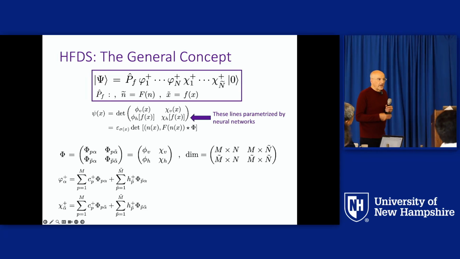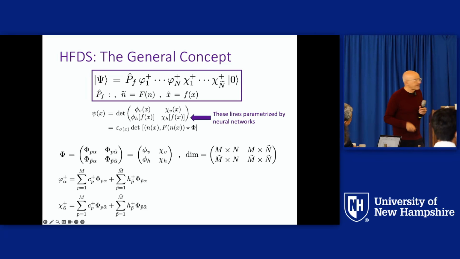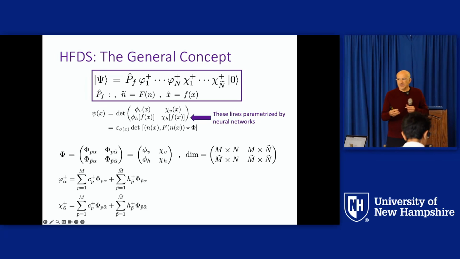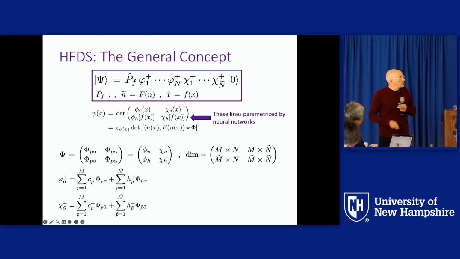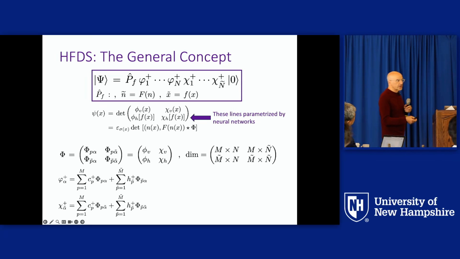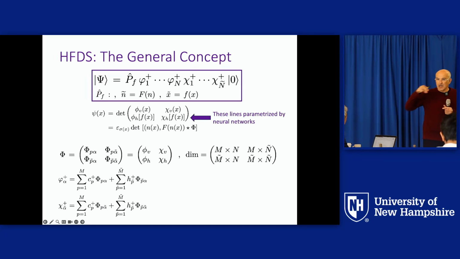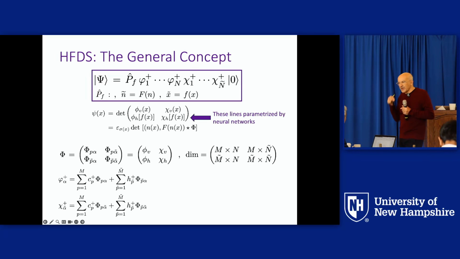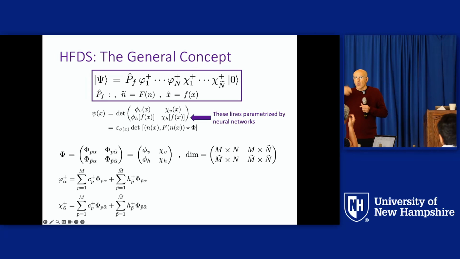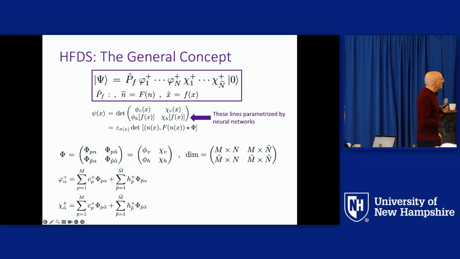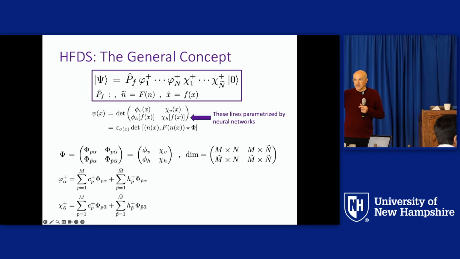The phi's are the n physical fermions we are interested in, and the chi's are the n tilde hidden fermions that we introduce. And to each given configuration of our physical fermions, so where the fermions are, say, on your lattice sites and with which spins, we associate one unique configuration of our hidden fermions, but what we really have to learn is only the amplitudes that enter the Slater determinant of these guys.